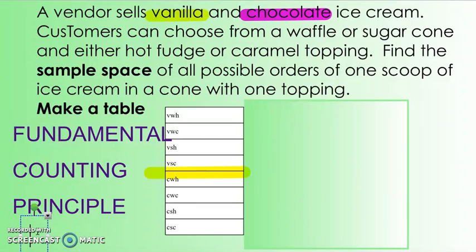So I had 2 options for ice cream times 2 options for cones times 2 toppings. 2 times 2 is 4 times 2 is 8. So I should have a list of 8 different things, and that is one way for me to check my answer. And it does work.